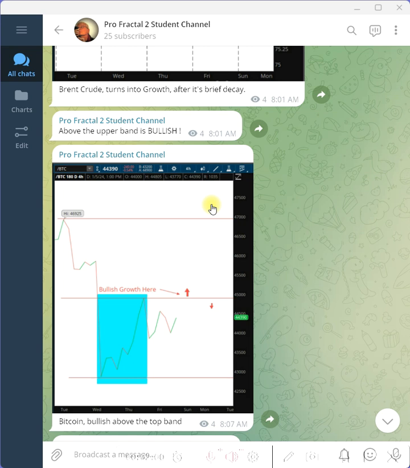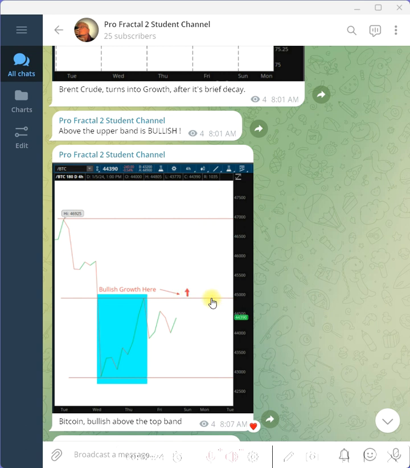Okay, we have Bitcoin. Bitcoin on the 4-hour time frame again is bullish because we have a decaying fractal here, very typical. Bump up, big leg up. If we break, and when we break the top of the fractal channel here, it will probably continue higher.